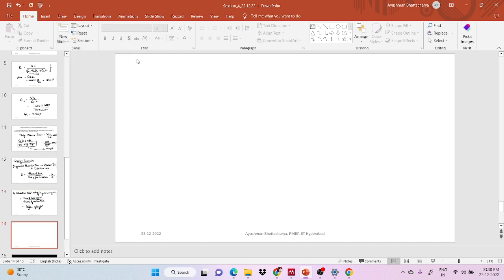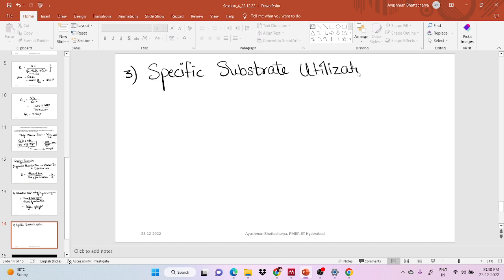Now the third thing is specific substrate utilization rate.